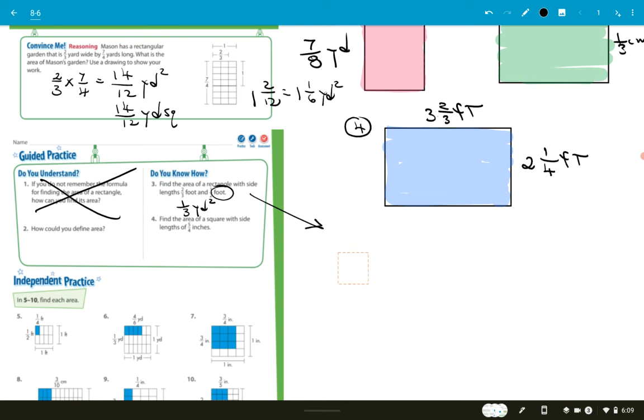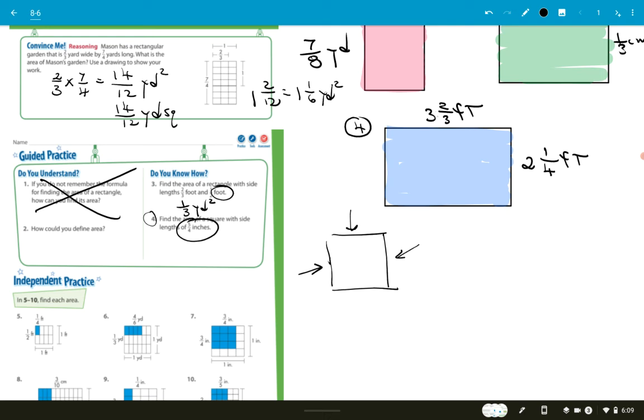All right. Number 4, find the area of a square with side lengths of 5/4 inches. Now, this one is kind of a tricky question. What are we trying to find the area of? We're trying to find the area of a square. If I draw a square here, a square means all 4 sides have the same length.